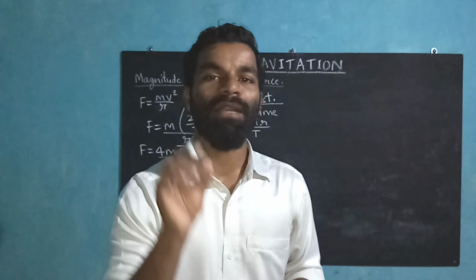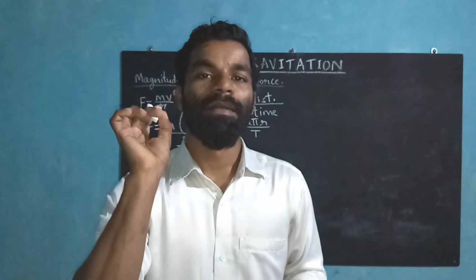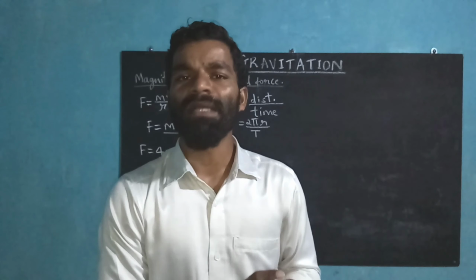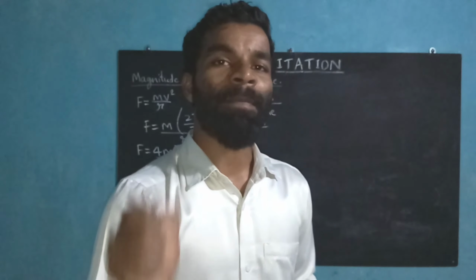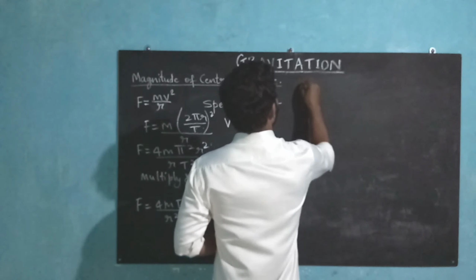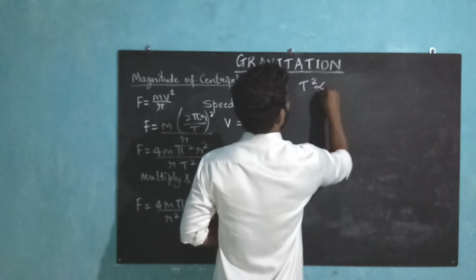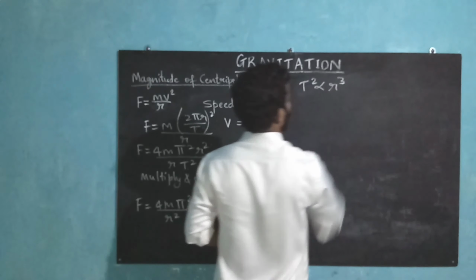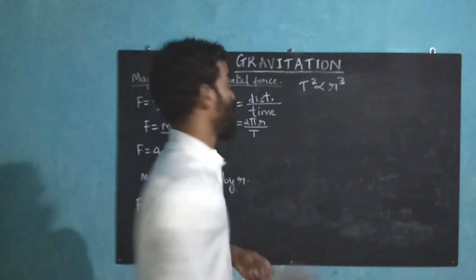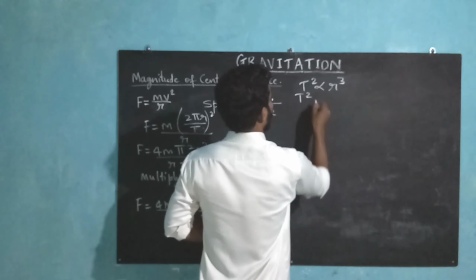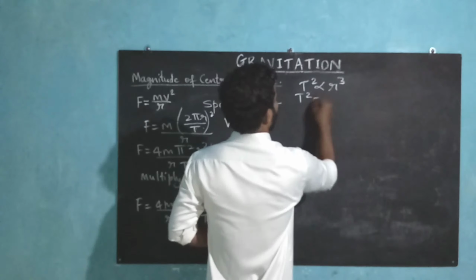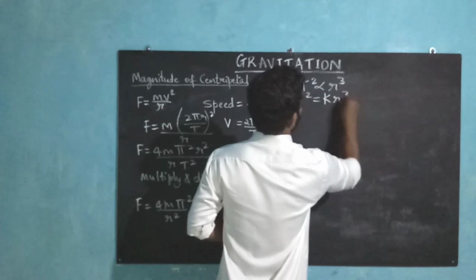So T square was proportional to r cube. This was Kepler's third law. And then we gave the constant as capital K. So T square equal to K r cube.